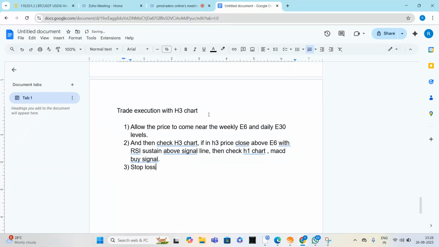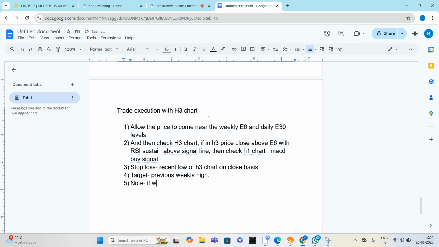Stop loss: recent low of H3 chart on close basis. Target: previous weekly high.